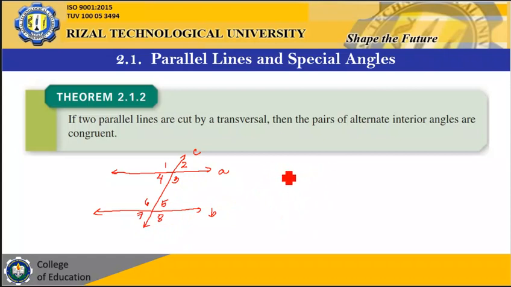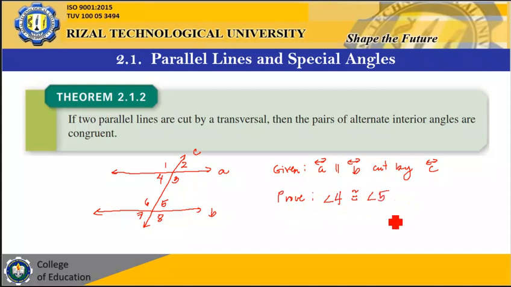Now, given that line A is parallel to line B, cut by line C, which is our transversal, let's prove that angle 4 is congruent to angle 5.